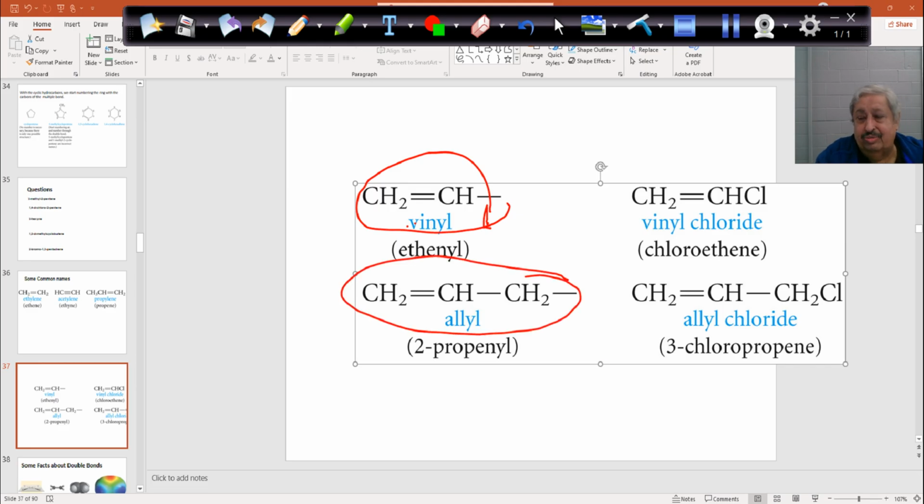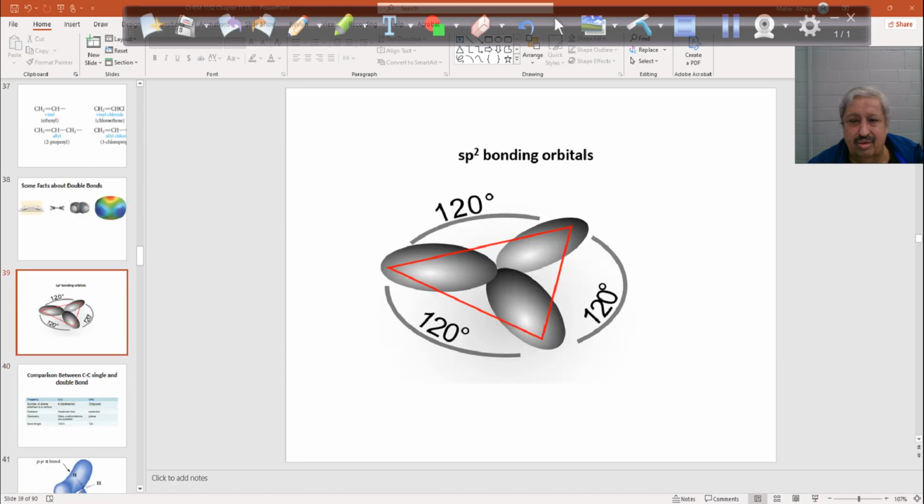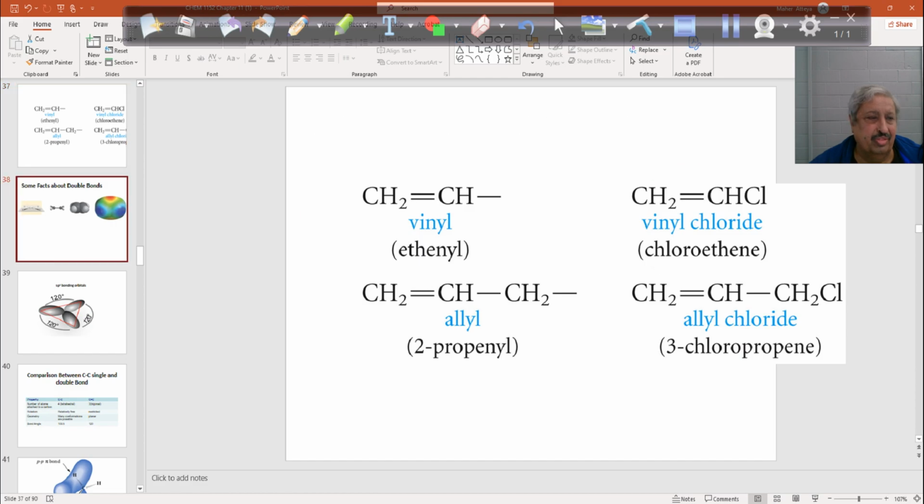Again, those are common names. Polyvinyl chloride is used again in piping, much stronger pipes this time, and the allyl is most of the time used maybe in painting. Those are just examples. You should not be worried about them. At least you know there are a lot of common and commercial names we are not really interested in knowing the details about.